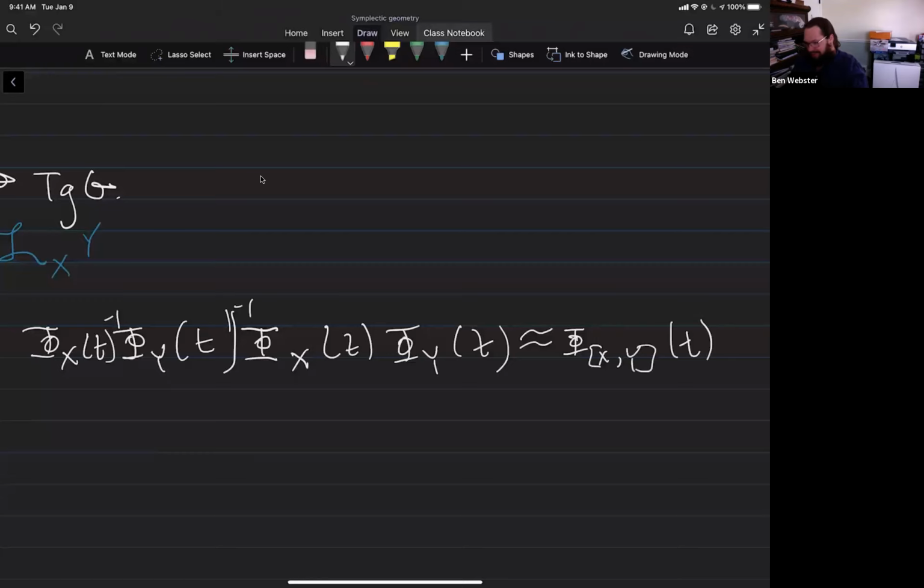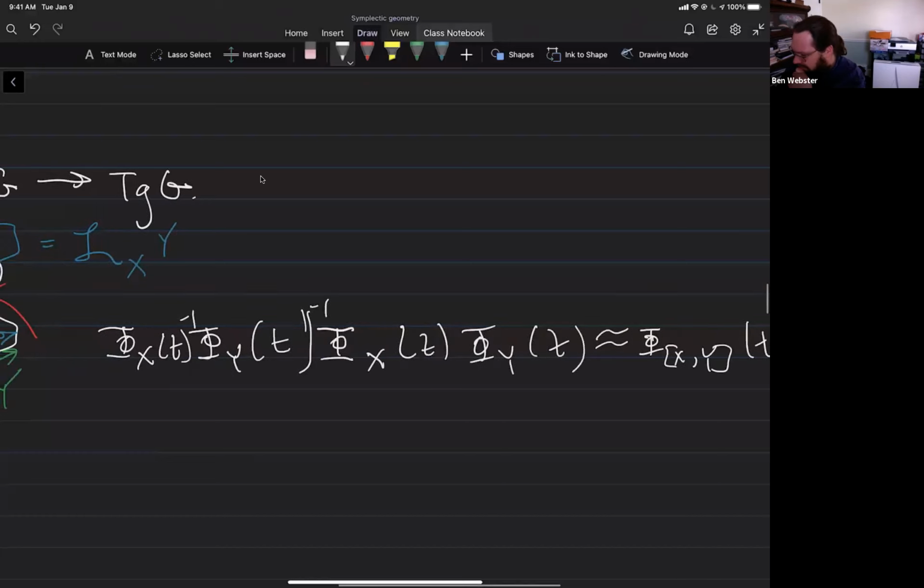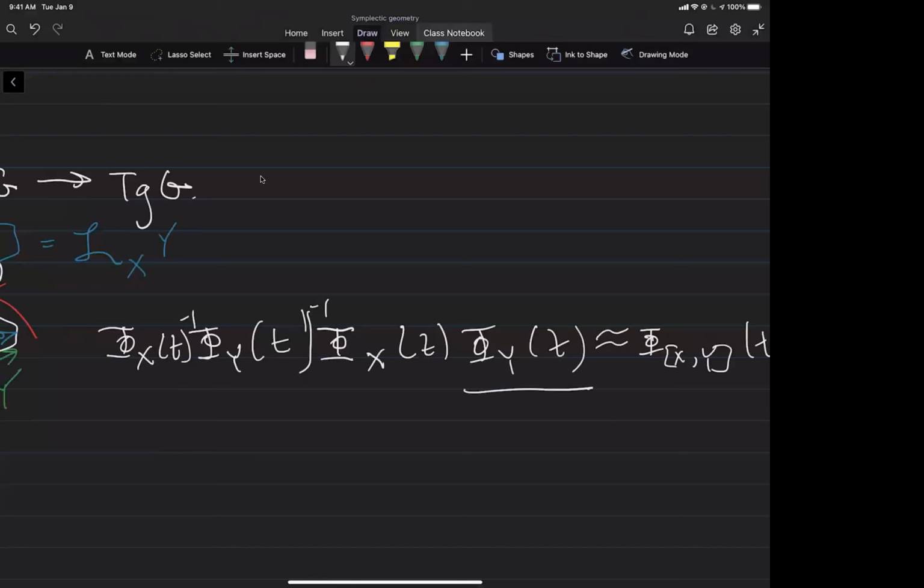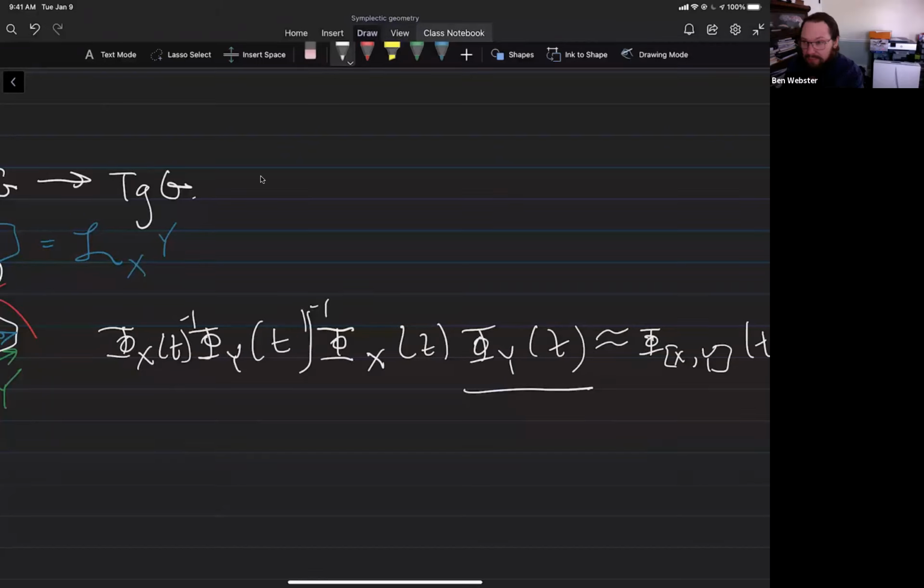You can also think about this as, what does it mean to flow with respect to Y? And then this guy is the flow with respect to the inverse push forward, so pull back, but I'm not supposed to pull back vector fields, the inverse of push forward of Y. So comparing these two terms is exactly what the Lie derivative with respect to X does.